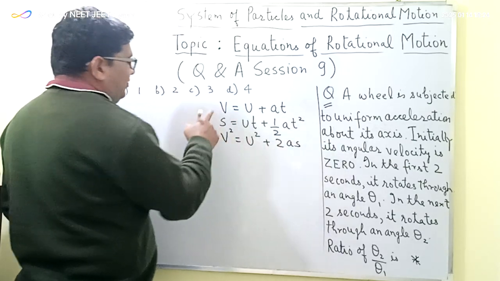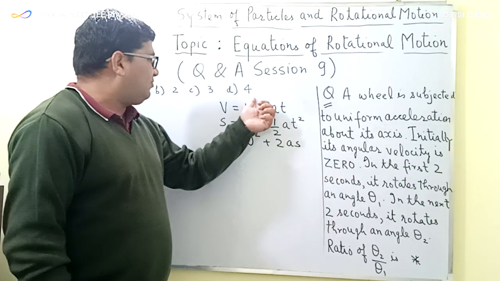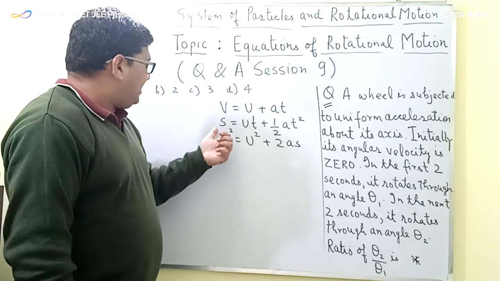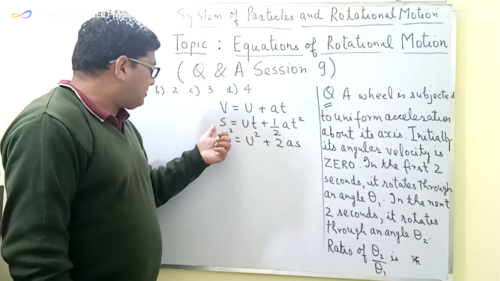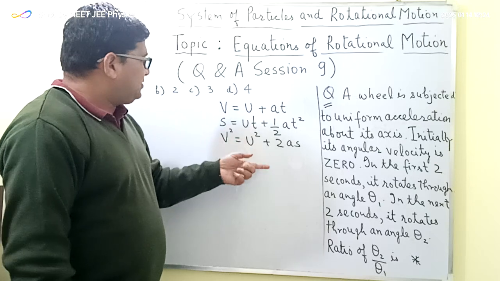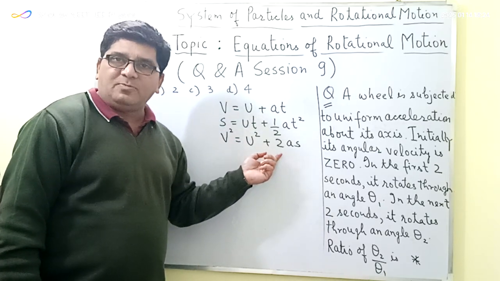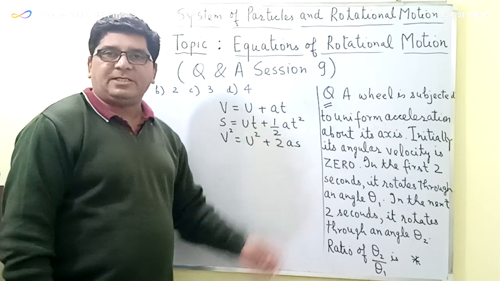Now here v is the final velocity, u is the initial velocity, a is the acceleration, and t is the time. And here s is the linear displacement. So these are the three equations for the linear motion having constant acceleration.